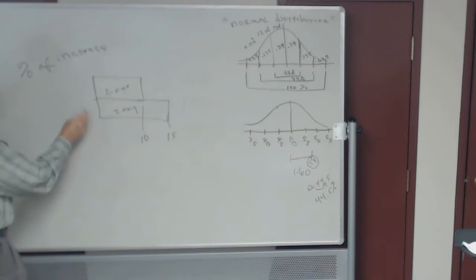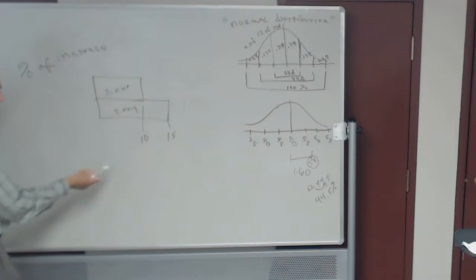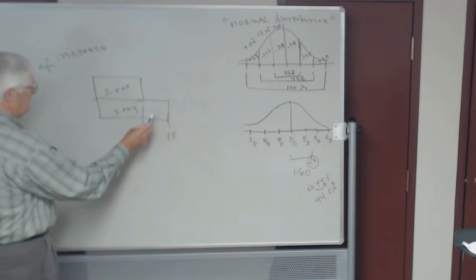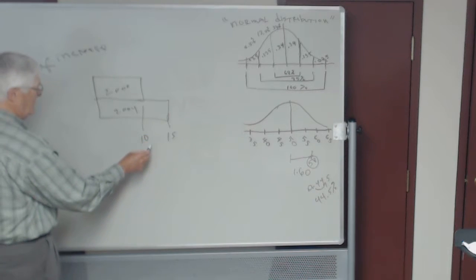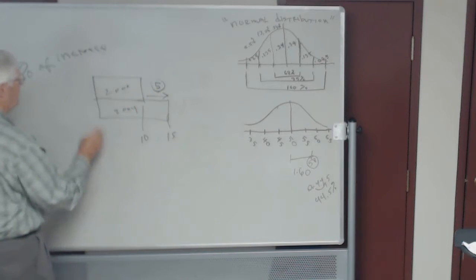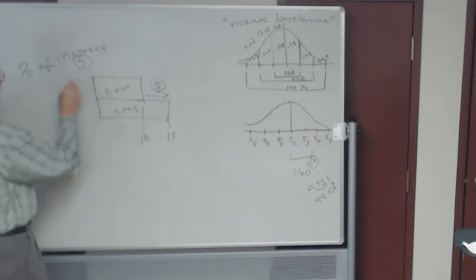Okay, we had an increase from 2000 to 2004, right? How much was the increase? 5. So the increase is 5.